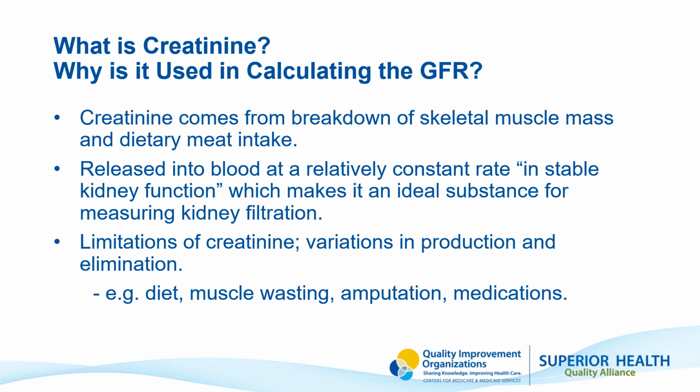There are limitations of creatinine: variation in production and elimination. For example, your diet, especially if a lot of meat is consumed, muscle wasting syndrome, amputation procedures, and medications that are ingested.